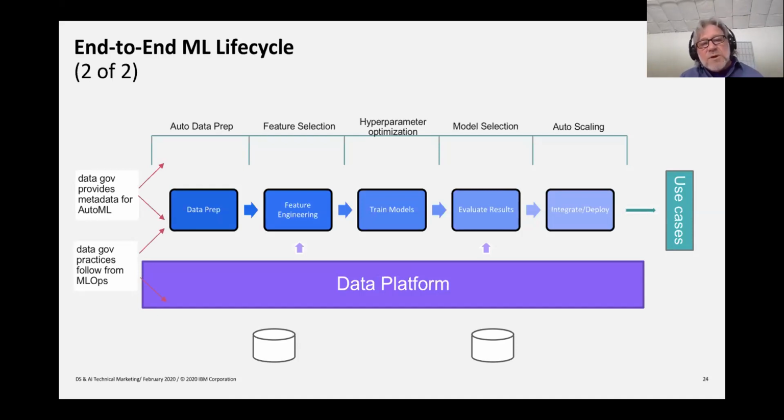There's been a lot of work in data governance over the past 2 years. 2018 was really a banner year showing the need for data governance and a rise in that. There's also been, as I mentioned, a lot of rise over a similar period in terms of ML ops practices. What's interesting is when you look at this kind of triangle of data governance, ML ops, and AutoML, they feed into each other.